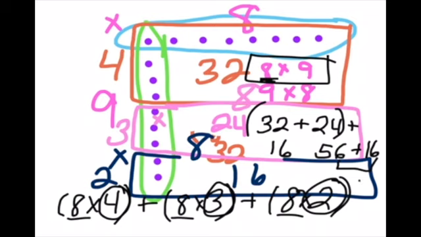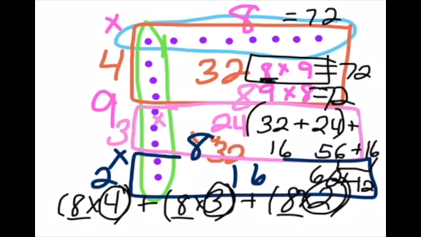Okay, 6 plus 6 is 12, and 50 plus 10 is 60. Okay, so 60 plus 12 gets us our final product of 72. So you should have gotten 8 times 9 equals 72, or 9 times 8 equals 72. You could have broken that apart differently than me, or the same. Great job. Thank you for trying this with me today.